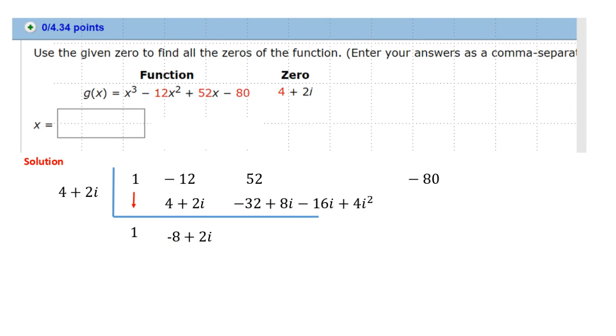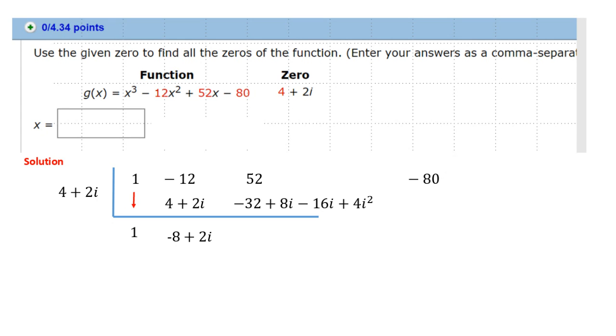Okay, so I'm going to multiply this out. And I get 4 times negative 8, negative 32. 4 times 2i is 8i. 2i times negative 8, negative 16i, and so on. Let's simplify in here. 8i minus 16i is negative 8i.